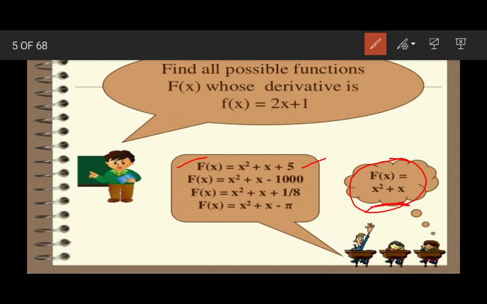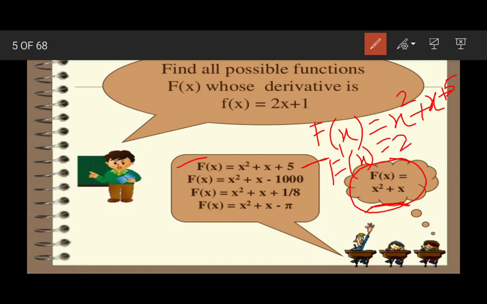Now if I say that F of x is x square plus x plus 5, then also my answer is right, because if F of x is x square plus x plus 5, then the derivative, F dash x, will be again the derivative of x square, which is 2x, and the derivative of x, which is 1.